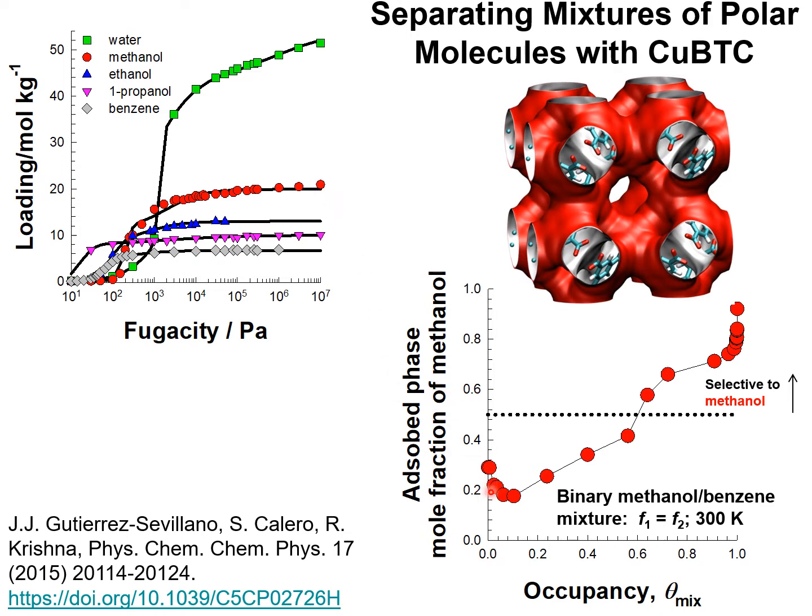The composition of the adsorbed phase is plotted here as a function of the pore occupancy. With increasing pore occupancy, entropy effects favor the selective adsorption of methanol rather than benzene that has the higher adsorption strengths.